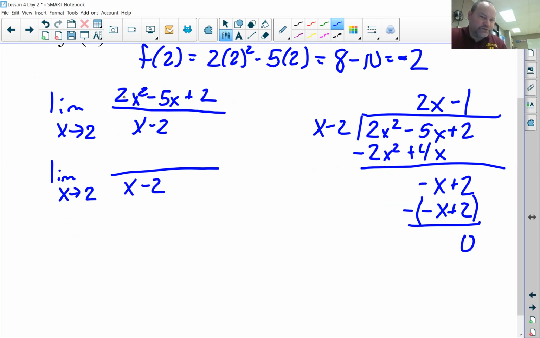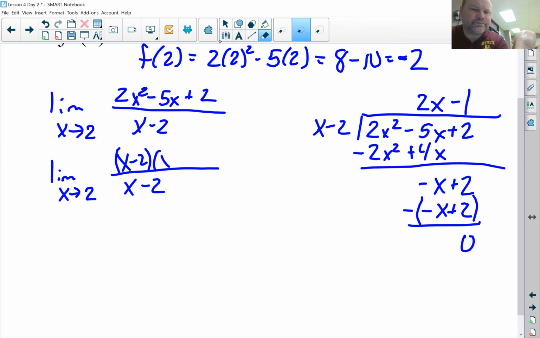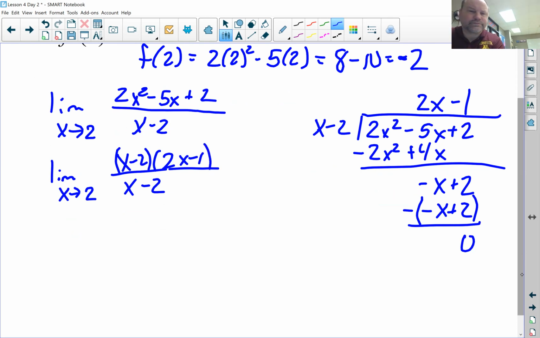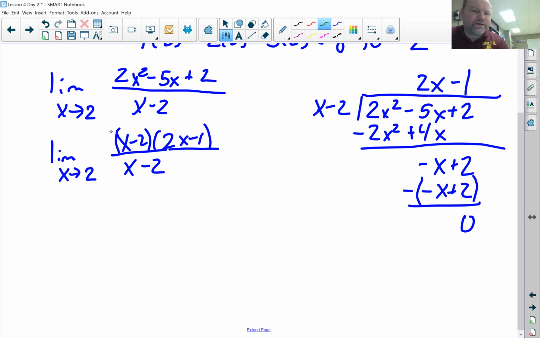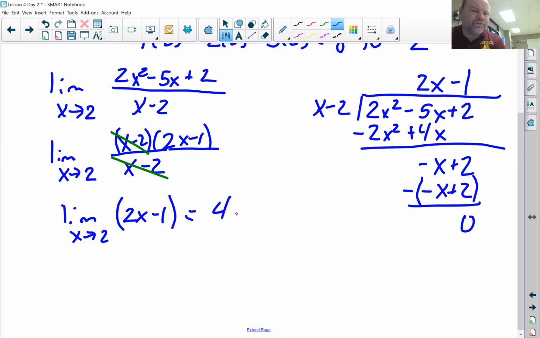So 2x squared minus 5x plus 2 factors into x minus 2 times 2x minus 1. And we have a common factor that cancels out. So for our limit, we can just ignore that factor. And if I plug 2 in, I get 4 minus 1, which is 3.